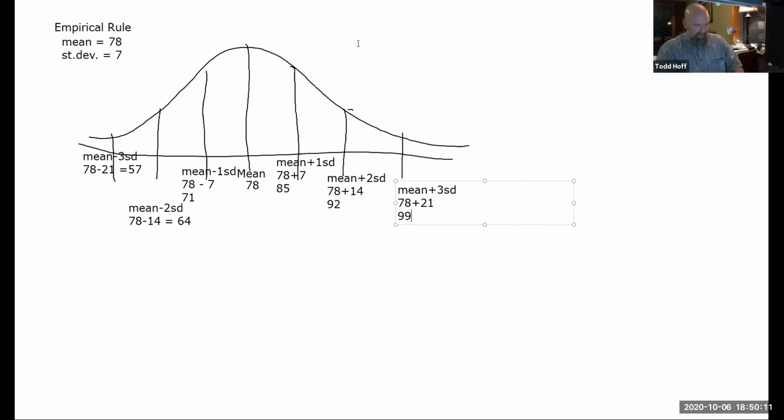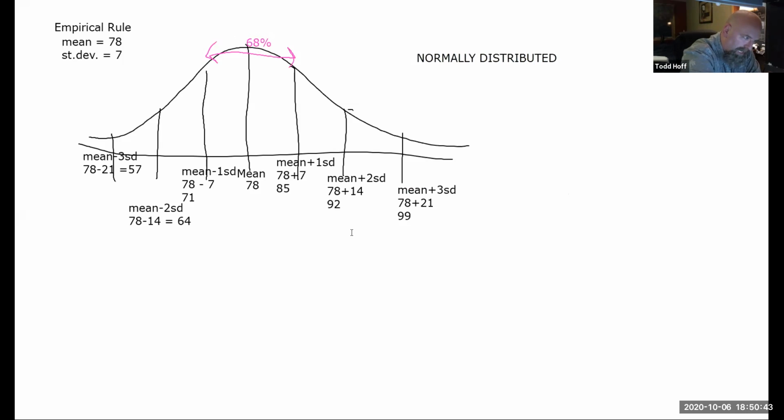Well, what good do those do us? Well, the empirical rule tells us that in a normally distributed set of data, and that's important, it has to be normally distributed for the empirical rule to apply, we expect to have 68% of the data within one standard deviation of the mean.